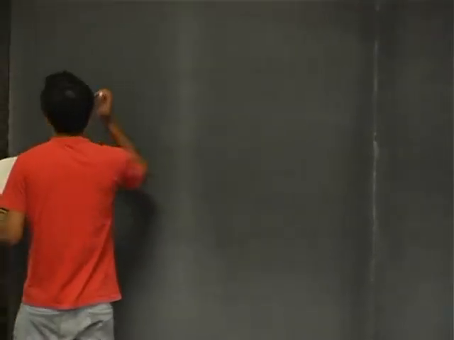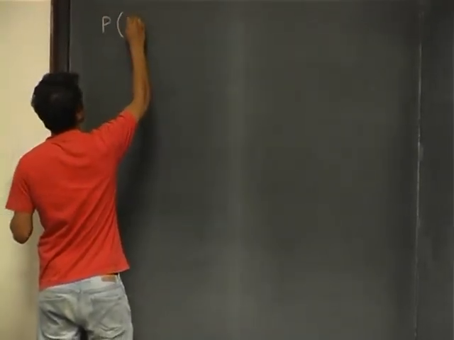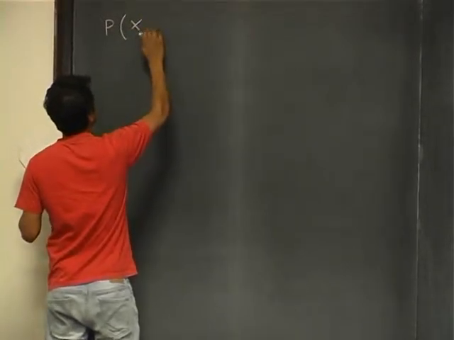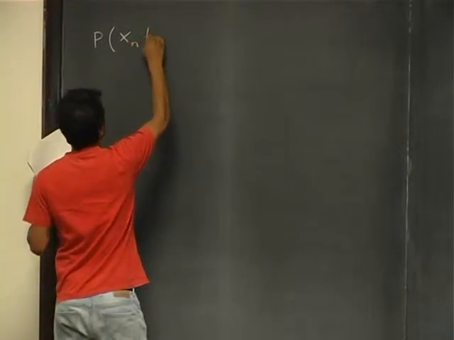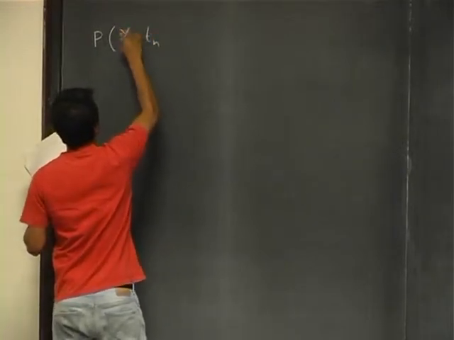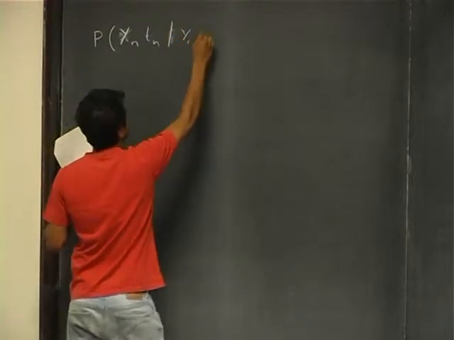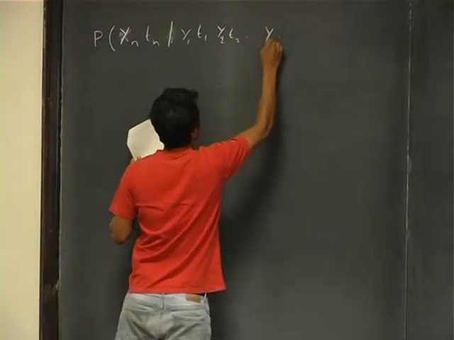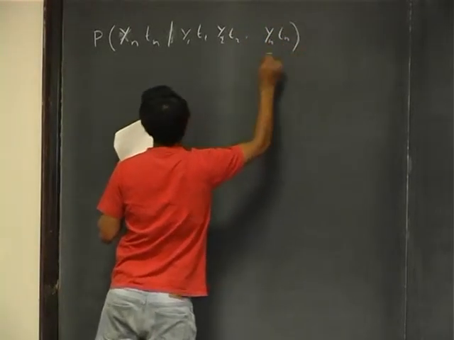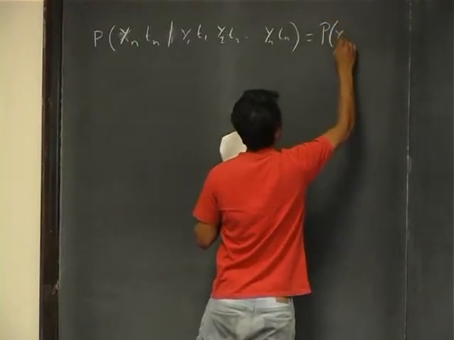Okay, so a Markov process is basically something which satisfies this: if I ask what is xn given the previous values, this is just equal to p of xn given the last one.